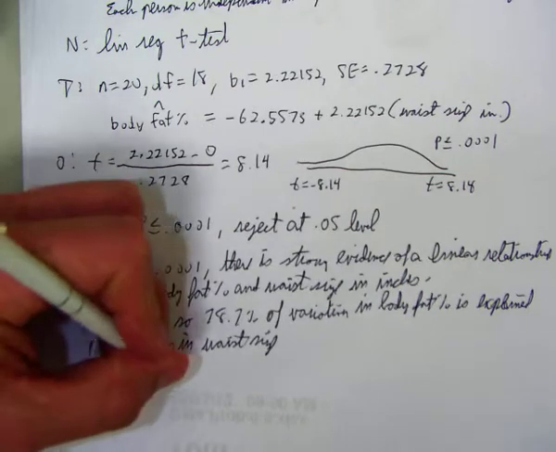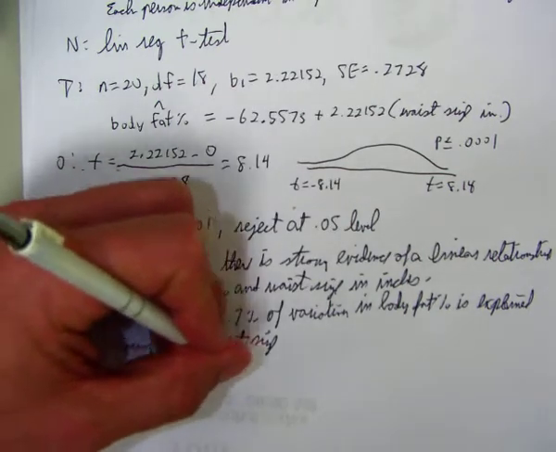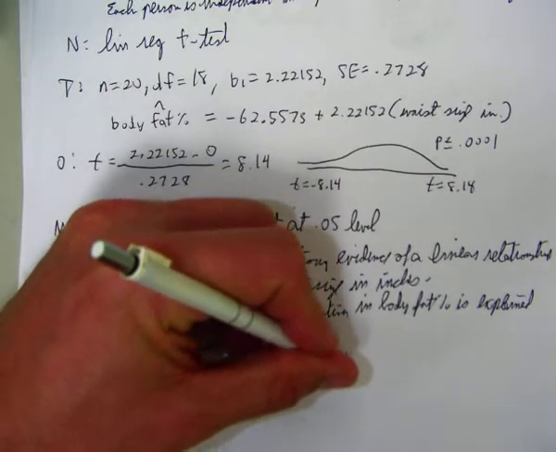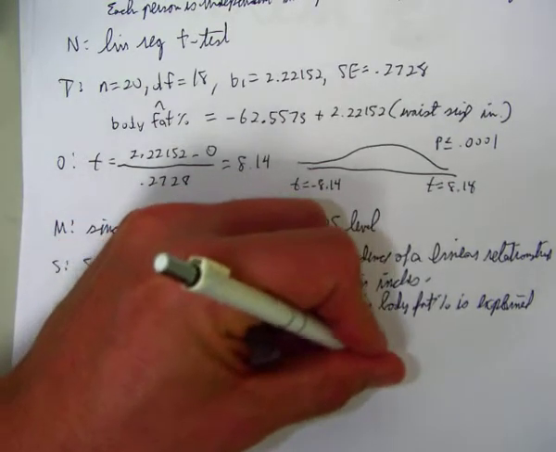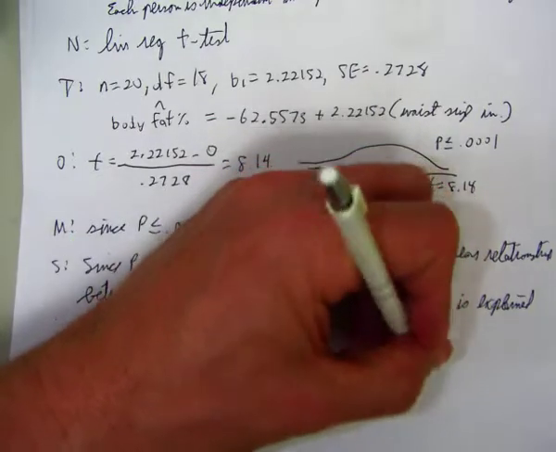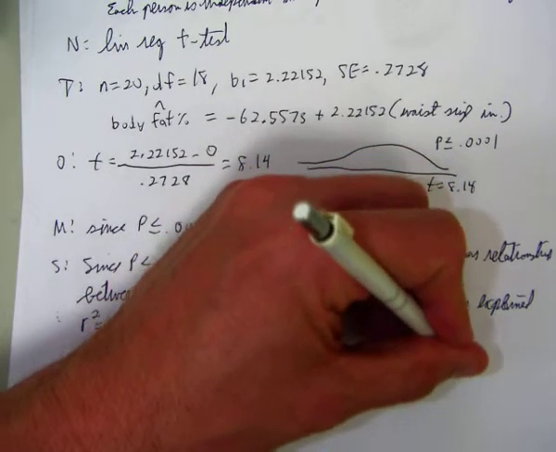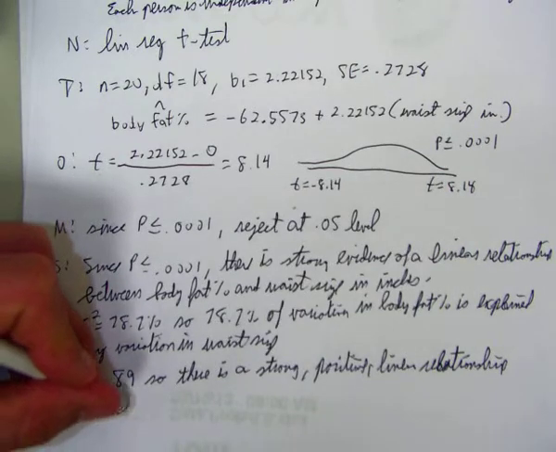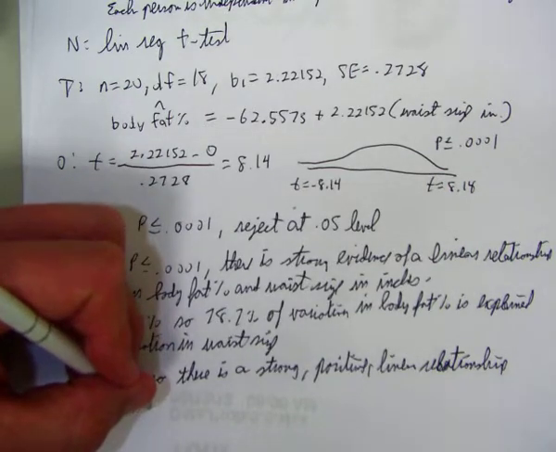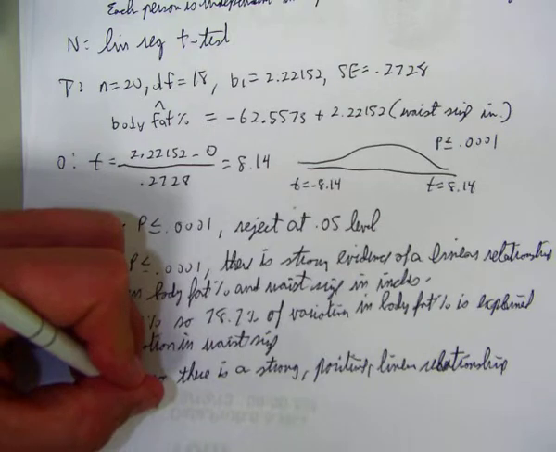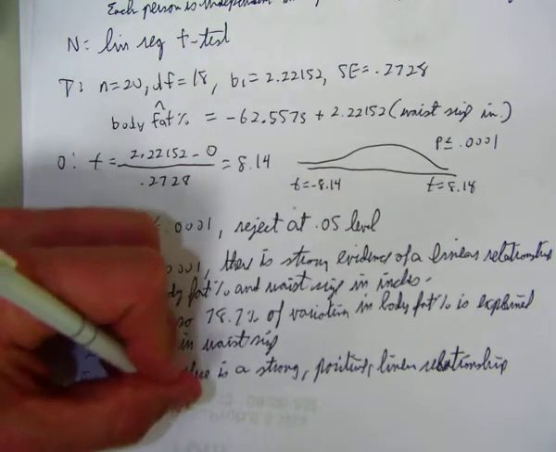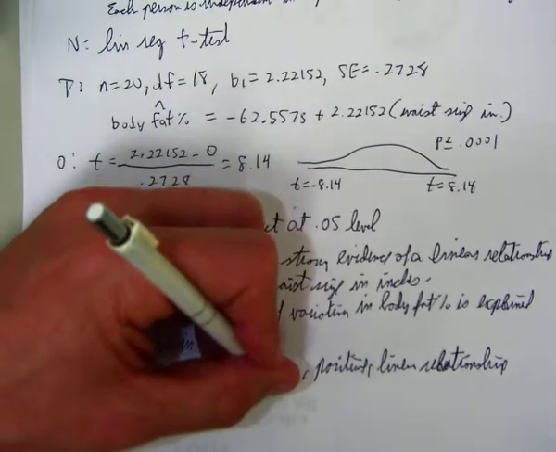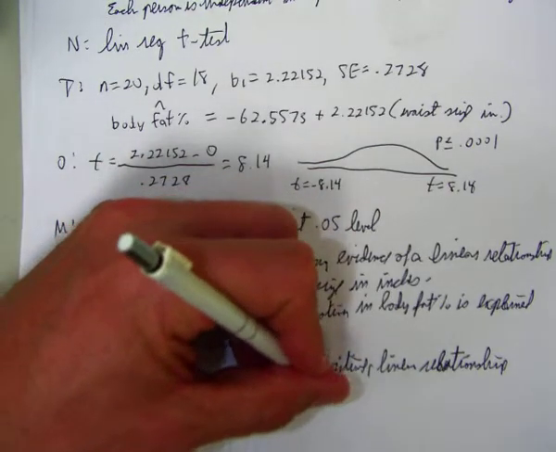So there is a strong positive linear relationship between body fat percentage and waist size in inches.